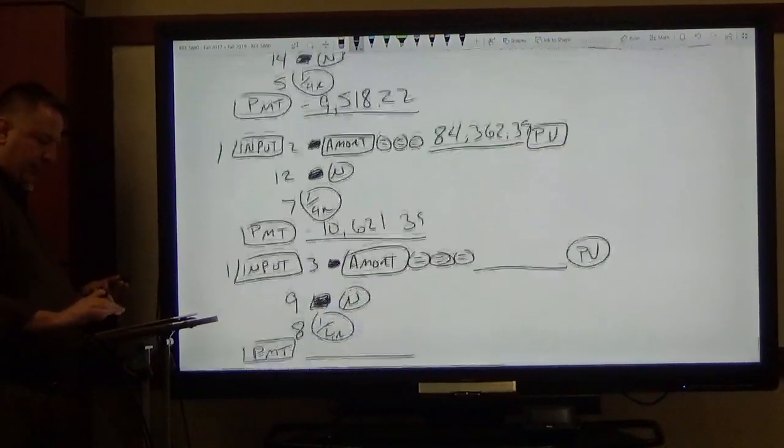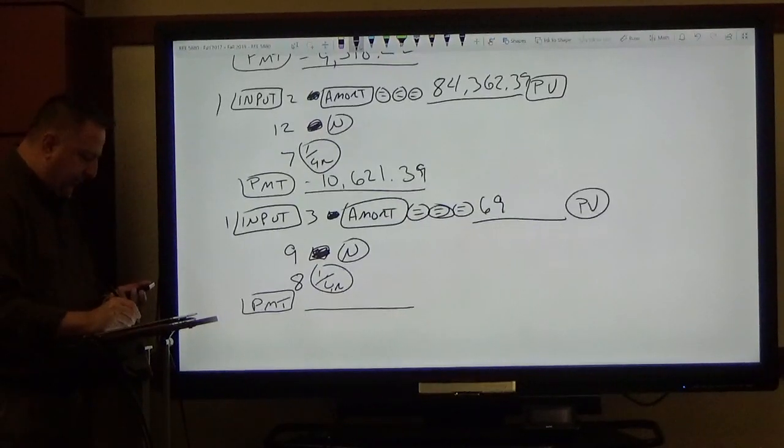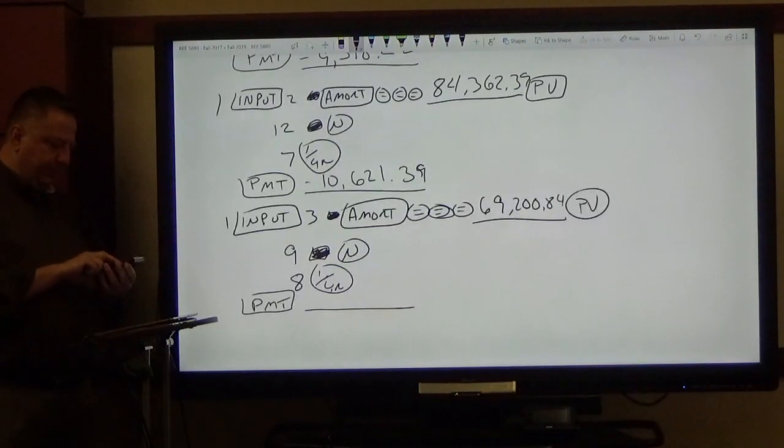Then 39, and 1, input 3, equal. 69,284. Put that in as present value. 9 years remaining, 8%. Get our payment.